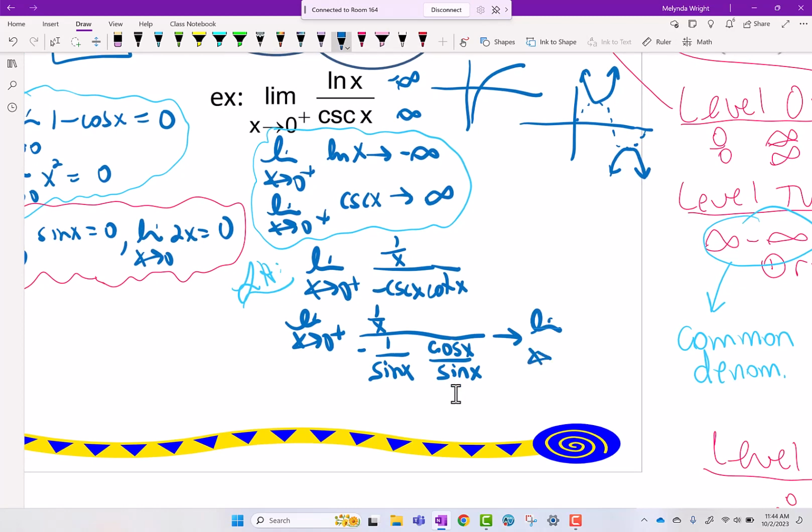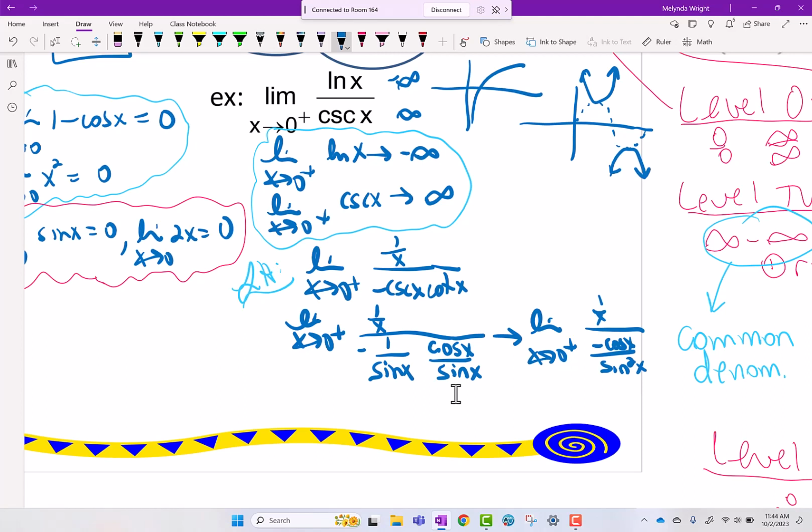So the limit as x goes to 0 from the right, I've got the 1 over x over, let's see, negative cosine over sine squared. Okay. That's a little bit more compact. I don't like the complex fraction, so I'm going to fix it doing our keep, change, flip business. Remember that?